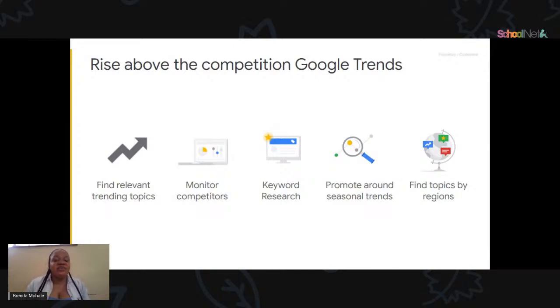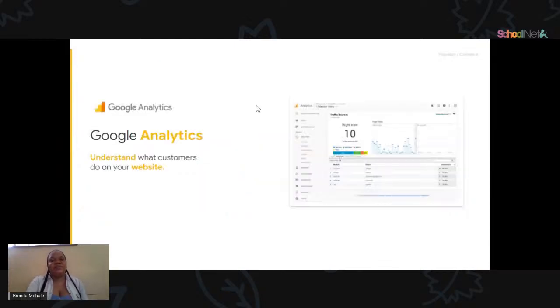This also allows you to see seasonal trends at a glance. It can monitor your competitors, identify strong keywords for search engine optimization, and you can find topics by region, so that you target customers at the local, regional, or even global scale. This is how you rise above the competition with Google Trends.